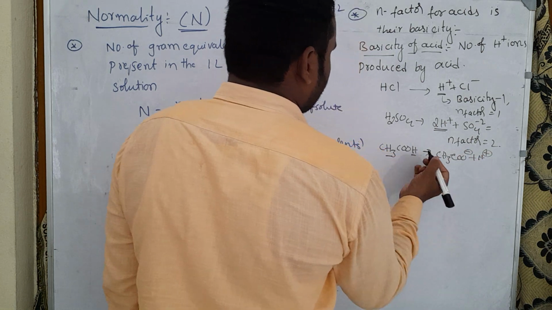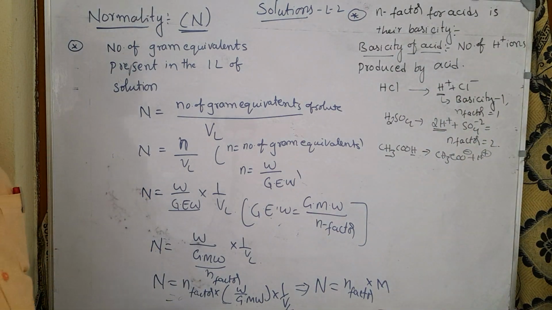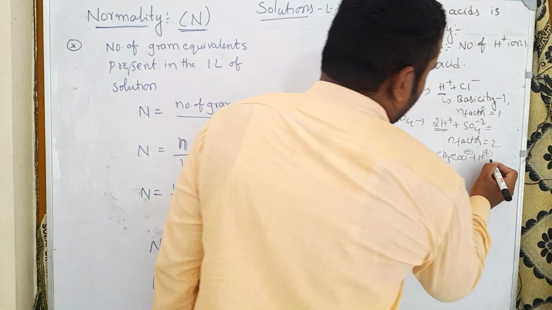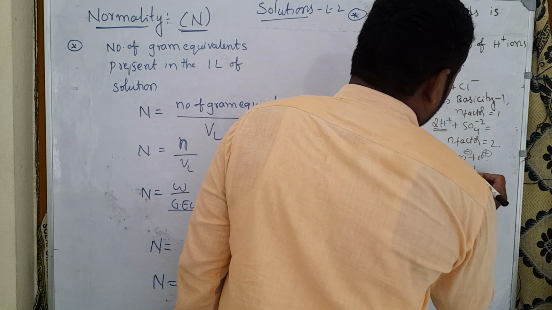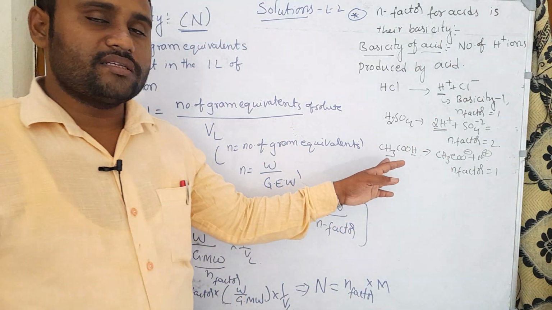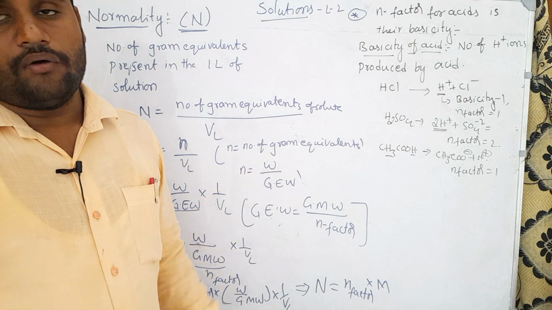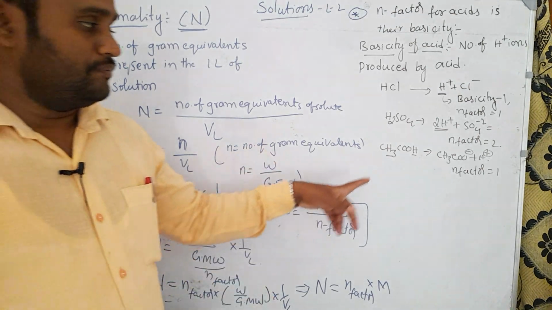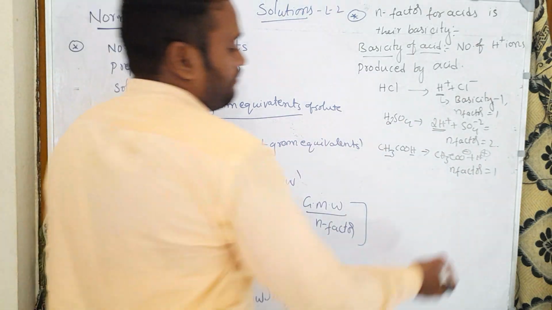Even though it has 4 hydrogens, it produces only 1 H plus ion. That's why its basicity is 1 and n factor is also 1. Which means blindly we cannot decide by seeing the number of hydrogens present in the acid, but we can decide by the number of H plus ions produced by the acid. That is the n factor.